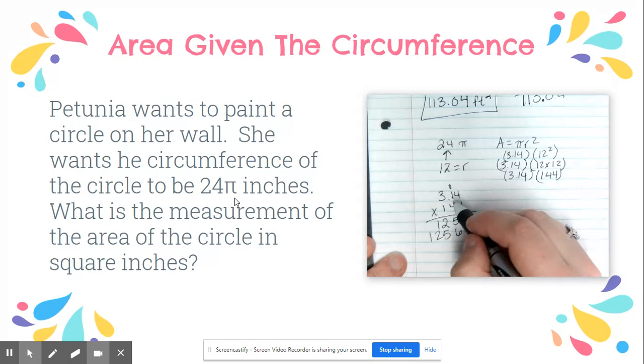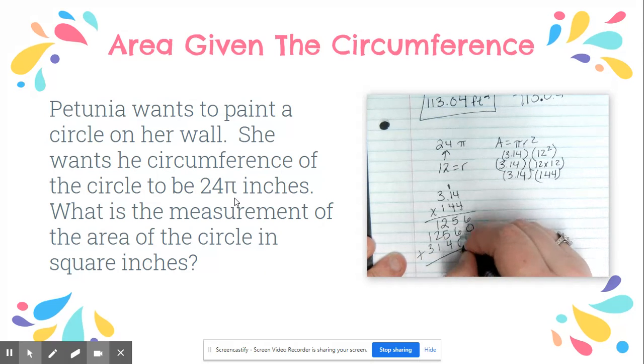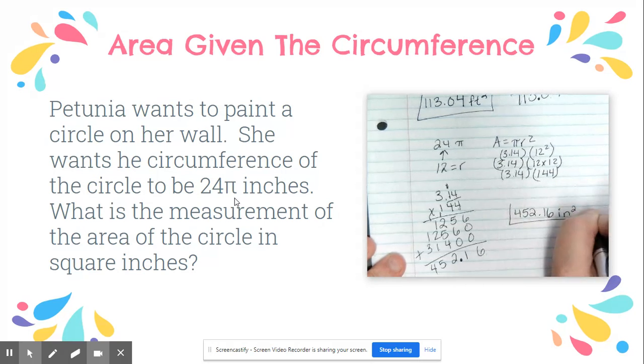Now we go to the hundreds place, with 2 zeros: 4, 1, 3, because anything times 1 is itself. Adding up, we have 2 decimals after the number. So my answer ends up being 452.16 inches squared.